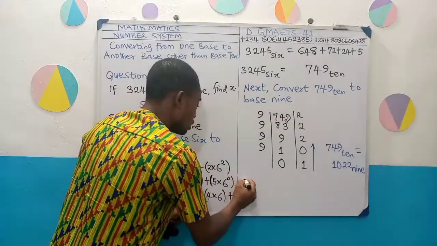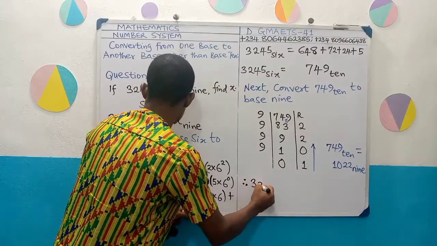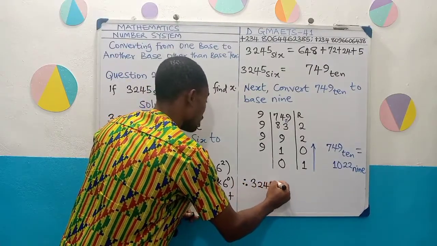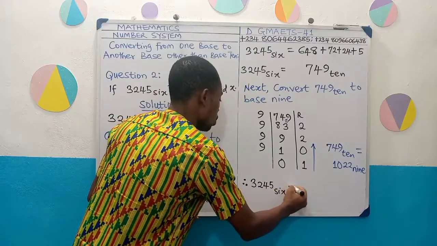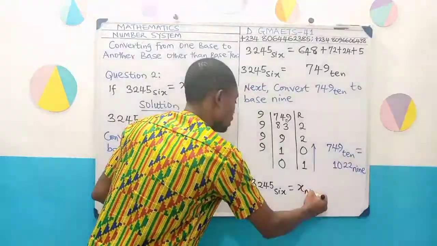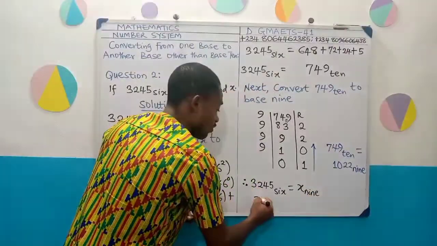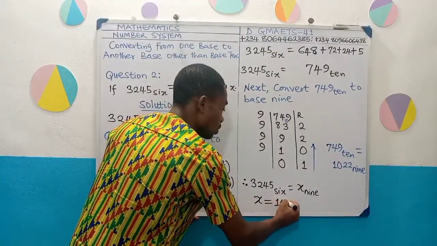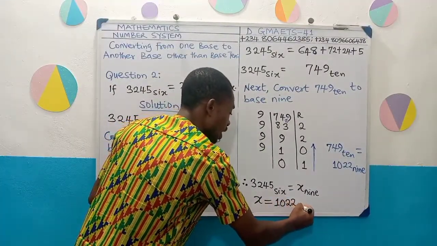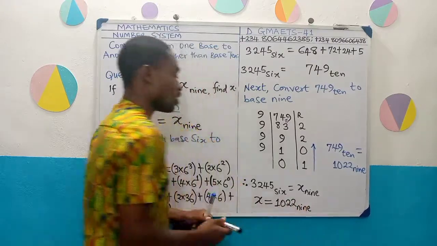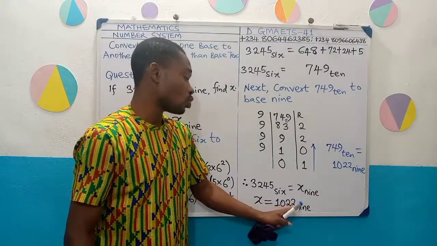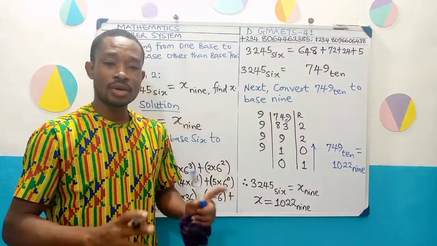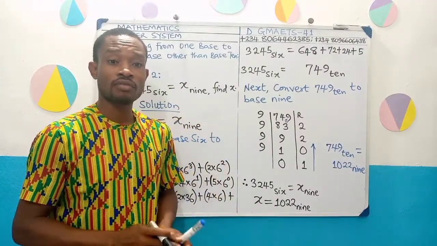So we conclude. Therefore, 3245 base 6 equal to x base 9. The value of our x will give us 1022 base 9. The value of x will give us 1022. That's the value of x.